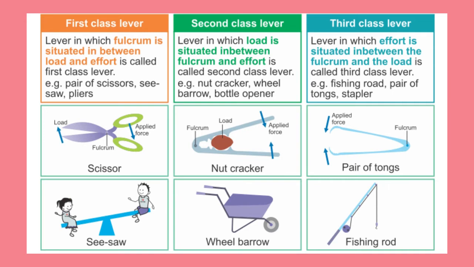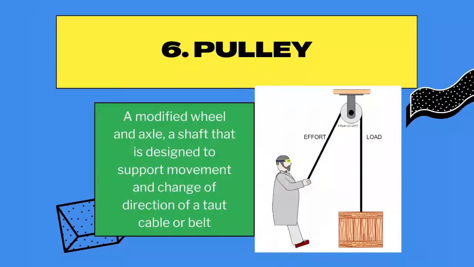Examples: nutcracker, wheelbarrow, and bottle opener. Number 3. A lever in which the effort is situated in between the fulcrum and the load is called a third-class lever. Examples: fishing rod, pair of tongs, and stapler.